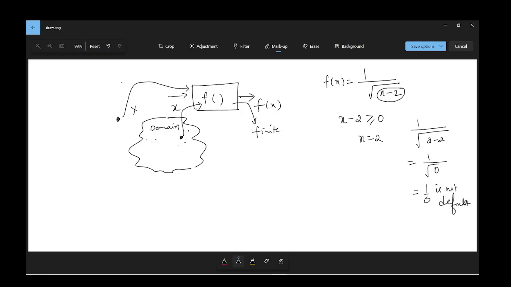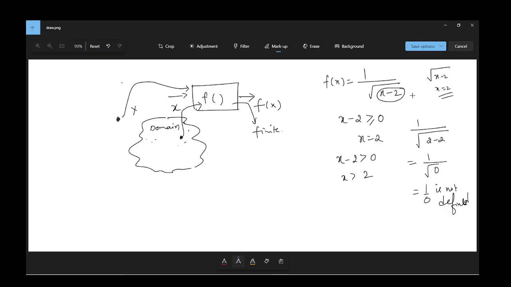So the domain of this function is actually x minus 2 greater than 0. So x is greater than 2. There is a difference between this problem and the previous one. If the square root of anything comes in the numerator, then x equal to 2 is also included.